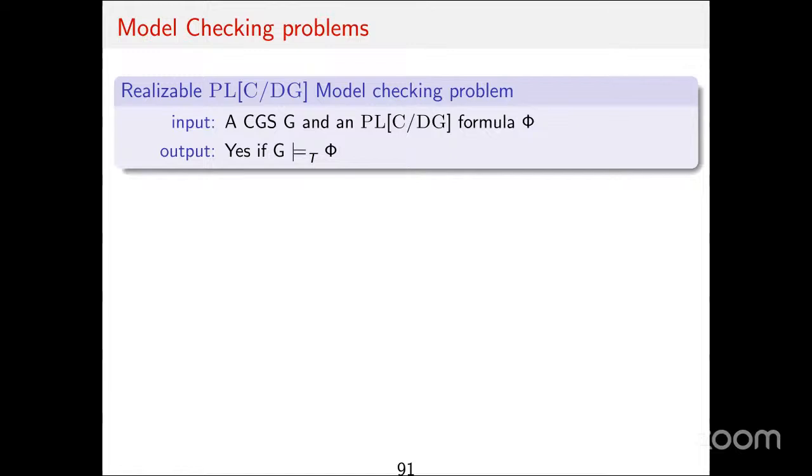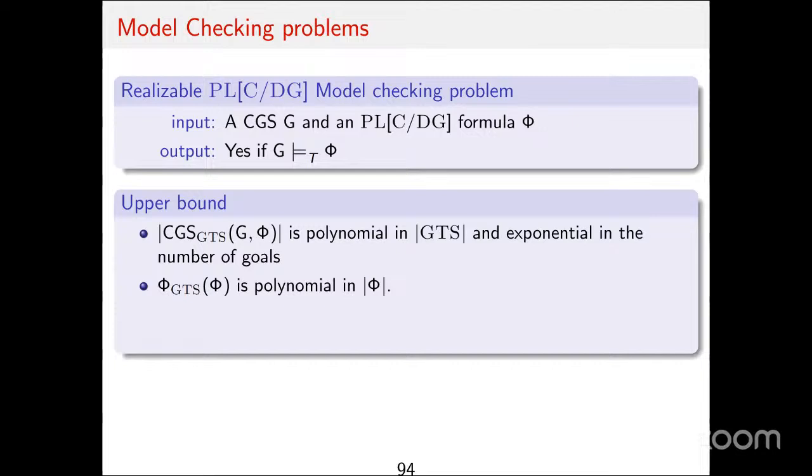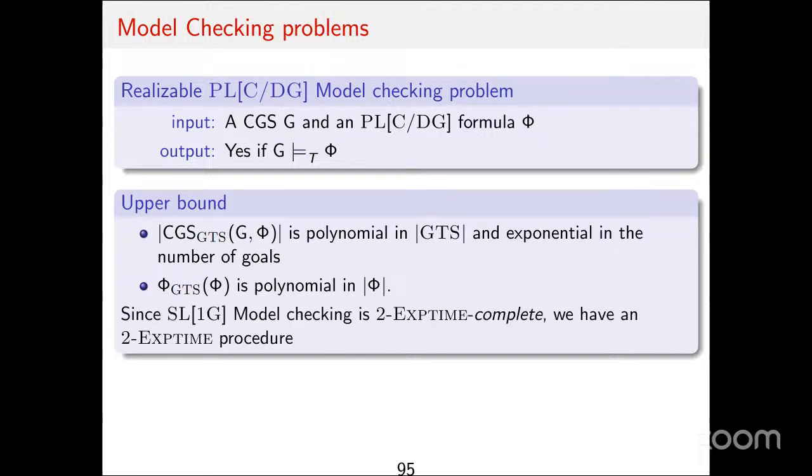So for the conjunctive and disjunctive fragments, we have a two exponential procedure because the construction of the game is not that costly. The translation of the formula is polynomial, and the strategy logic one goal model checking is already two-exponential complete, and we need to use it, so we have a two-exponential procedure.